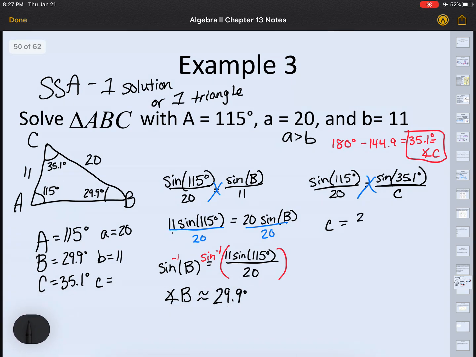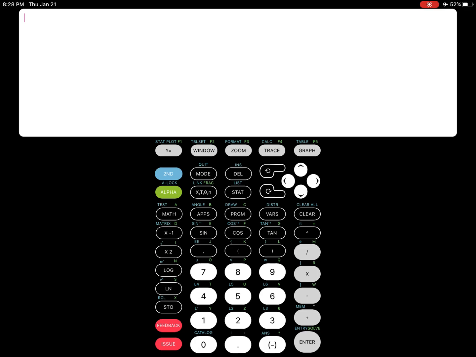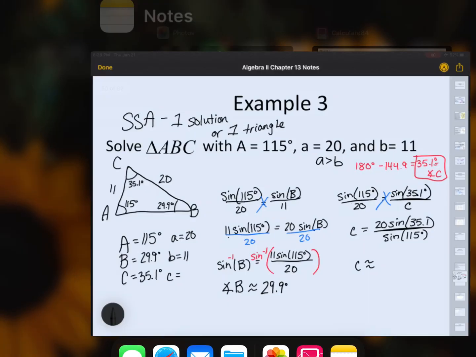So we got 20 sine 35.1 all over sine of 115 degrees. So c is going to be about what we put in the calculator. So 20 sine 35.1 all over sine 115. And we get 12.7 if we round up.